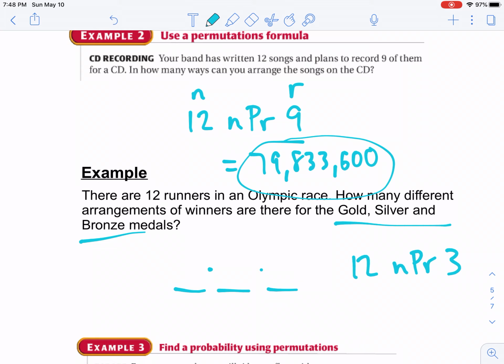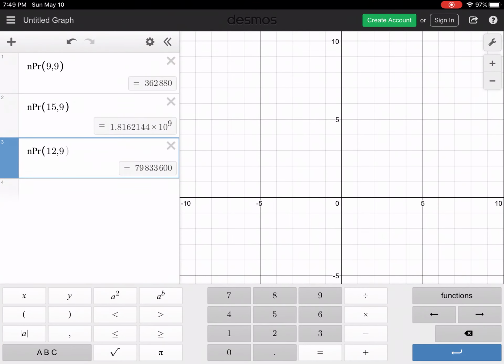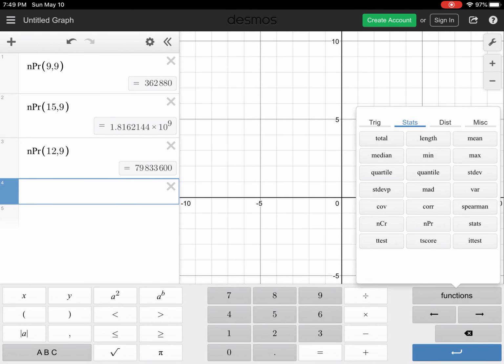So it's 12 nPr 3. Or the other way to do it with your counting principle is you'd have 12 selections for gold, then you'd have 11 selections for silver, and then you'd have 10 left over for bronze. If you multiply 12 times 11 times 10, or do 12 nPr 3 in your calculator, you should get the same exact answer. So let's do 12 nPr 3.